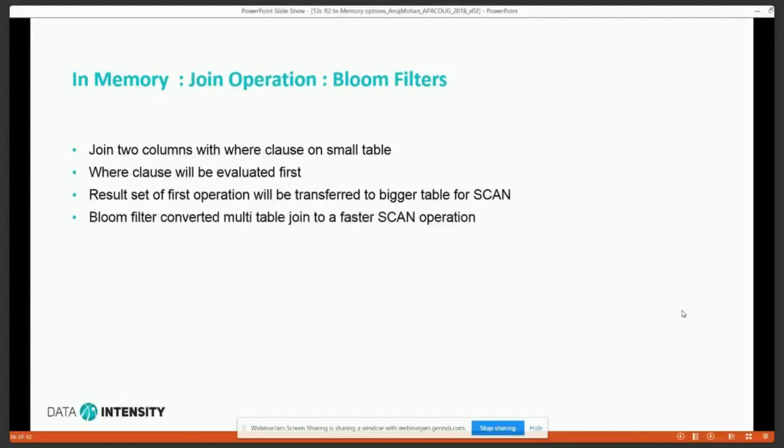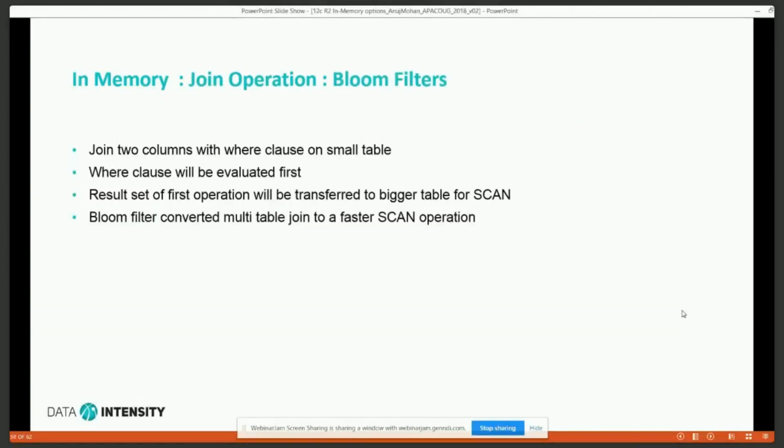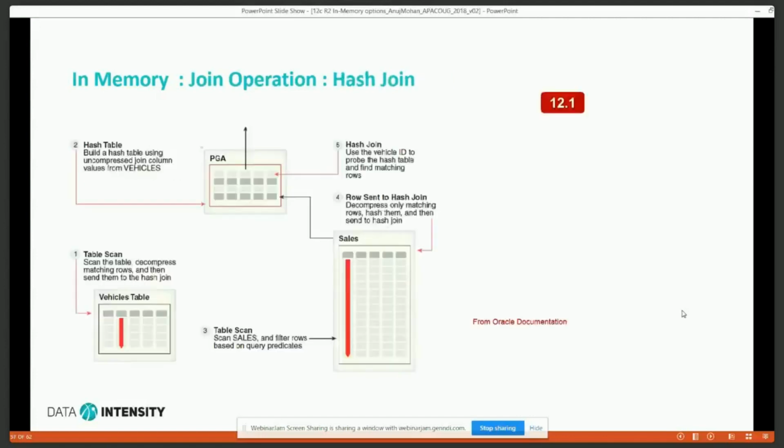So basically, a Bloom filter will convert a multi-table join to a faster scan operation, and that's how it is really fast. But you have to meet these conditions: there is a join between a large and a small table, and there has to be a where clause on the small table.